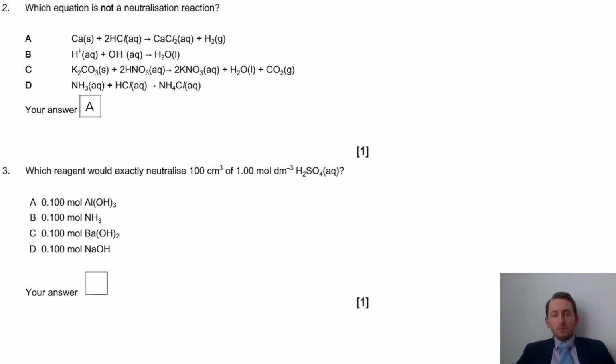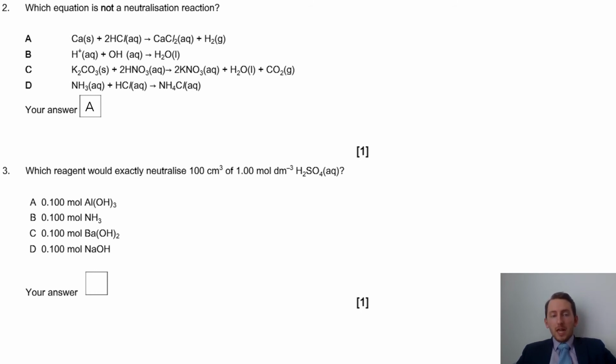Right, question 3. Which reagent would exactly neutralize 100 centimeter cubed of 1 molar H2SO4? So we've got A, B, C and D. Now again, looking at this, I've got sulfuric acid, so I know I've got some H plus ions and I've got some SO4 2 minus ions. So I've got to think what's going to nicely pair up with that to exactly neutralize it.